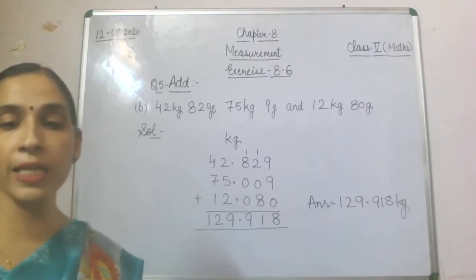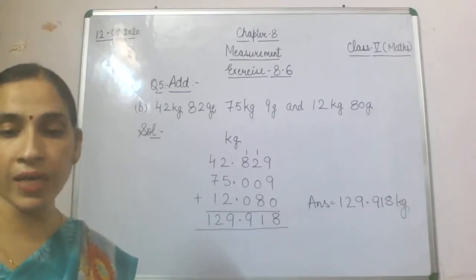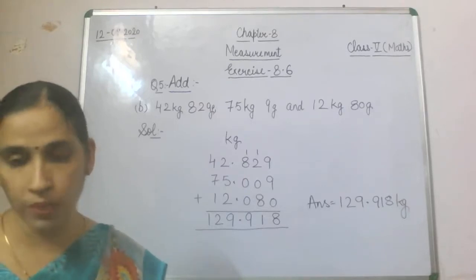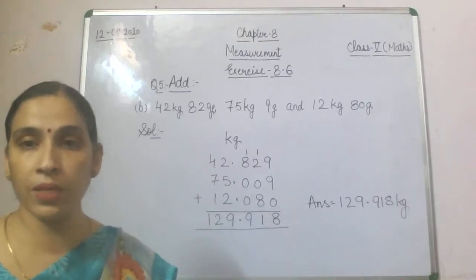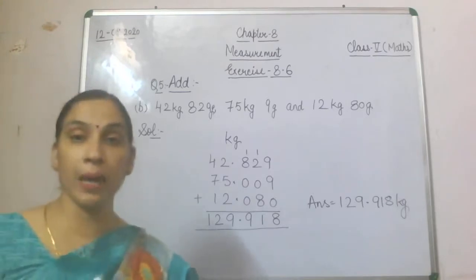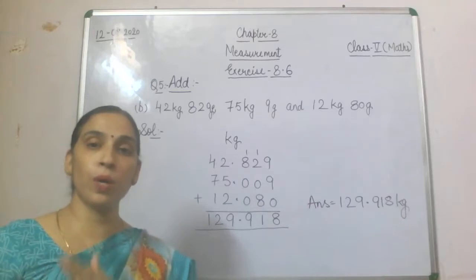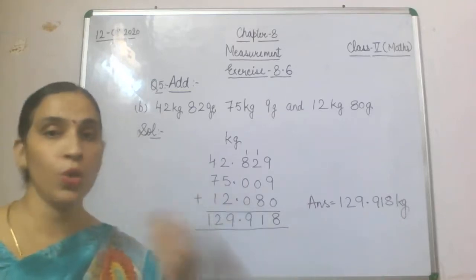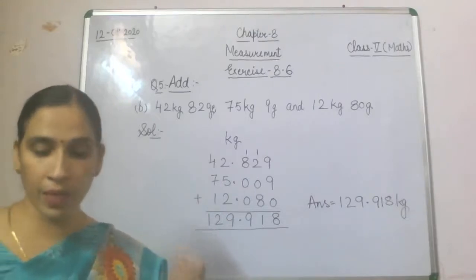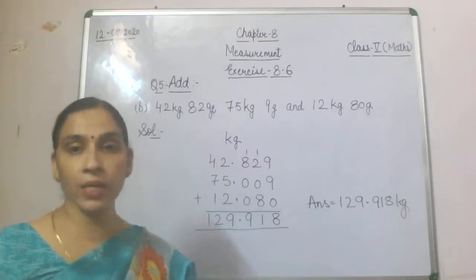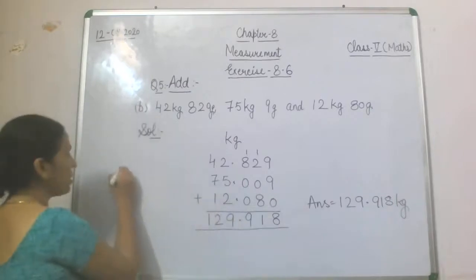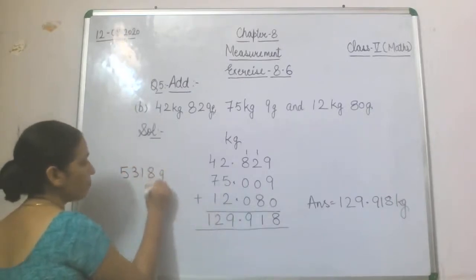Now related to this addition, you have been given example 1 in your book. In example 1 you have been given to convert into kilogram and then add. Means the weight is given in gram. If you are supposed to convert a gram into kg, you go from smaller to bigger unit, so you will do division. It will be divided by 1000. Let's say you have been given 5318 gram.